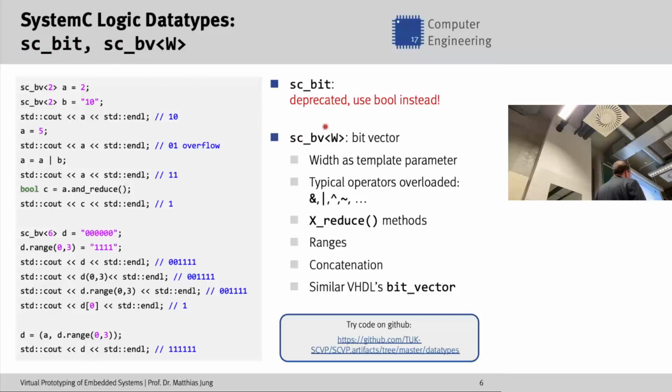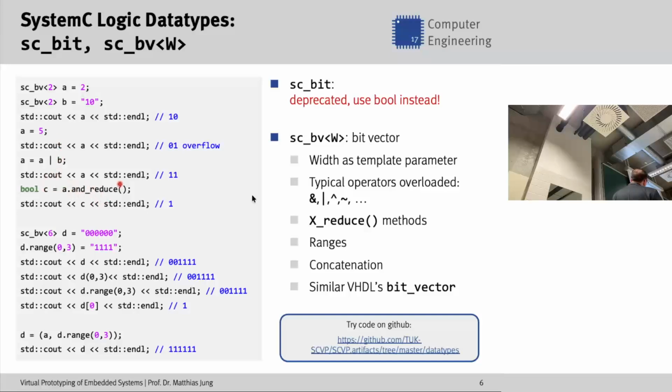And there is a Boolean vector that we can use, and it's templated, so we can define a length for that. Yeah, so we can have a bit vector with 2 bits, and then we can assign also to it a decimal number, but we can also assign a string actually. Also that would work.